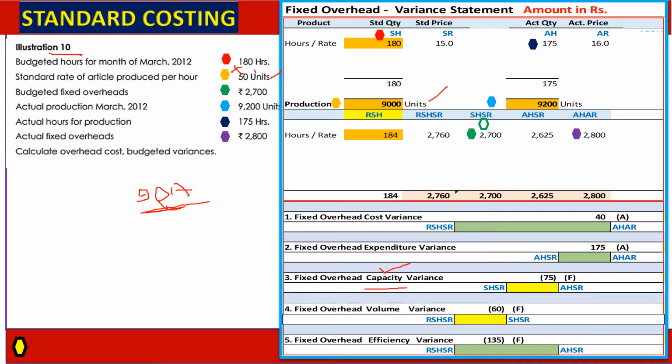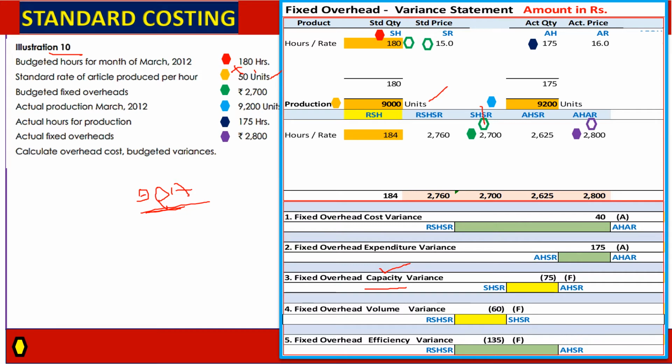You have SHSR 2,700. You have SH as 180, means 2,700 divided by 180 gives you SR. If SH you take out, 2,700 divided by 180 is 15, the standard rate.